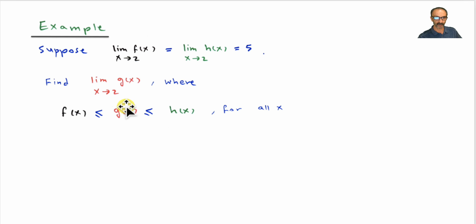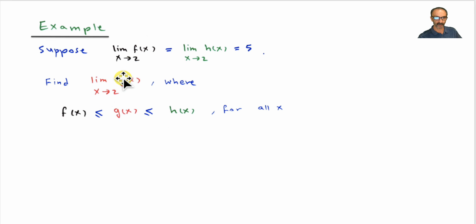Suppose that the limit of f of x as x approaches 2 equals the limit of h of x as x approaches 2. We're trying to speak with numbers, using the squeeze theorem from the previous slide. They're both equal to L, which is 5.